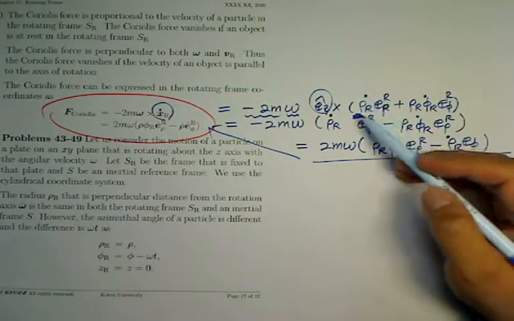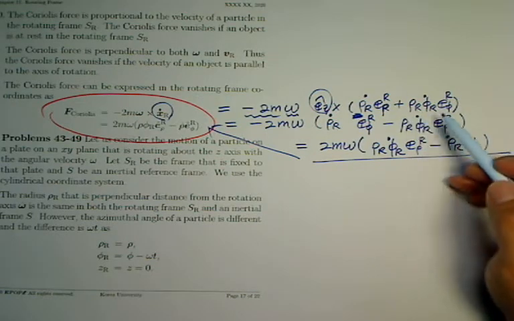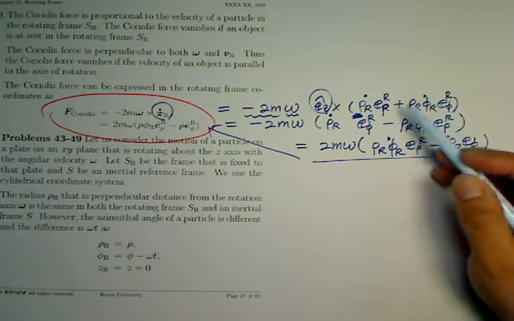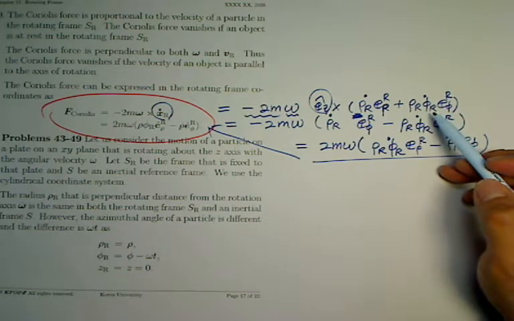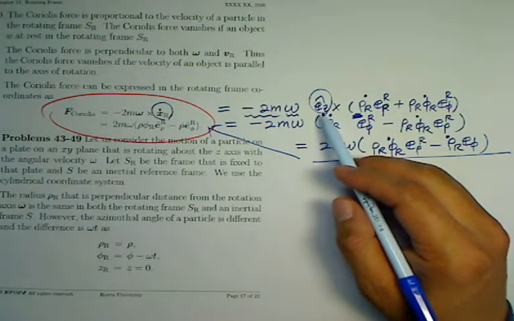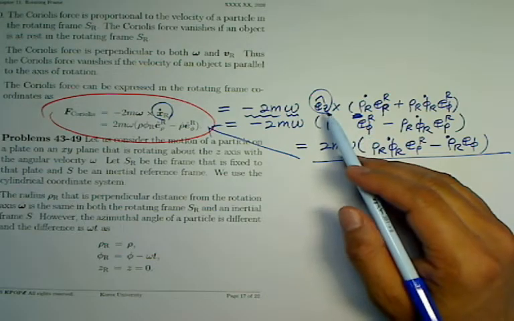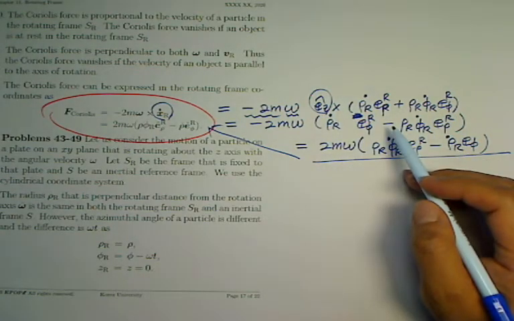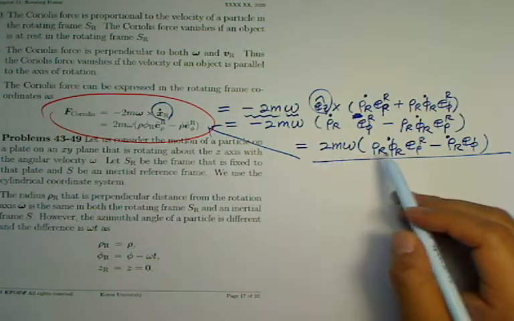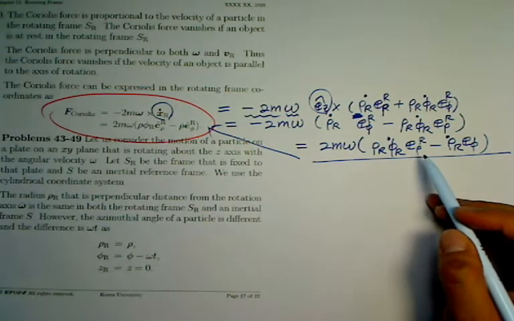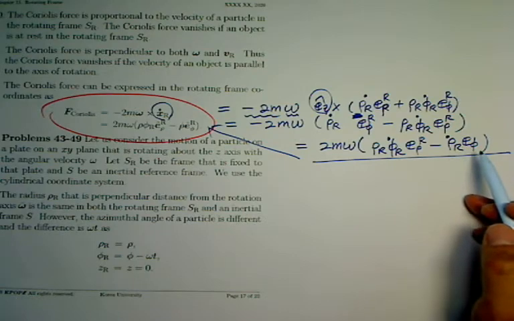Radial velocity on a planar radial direction is rho dot, and tangential velocity in two-dimensional polar coordinates will be rho phi dot. If we take the cross product, z cross rho equals phi, z cross phi equals minus rho. So inserting this negative sign inside, 2m omega, rho phi dot in the rho direction, and minus rho dot in the phi direction.